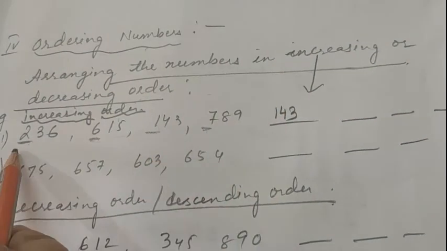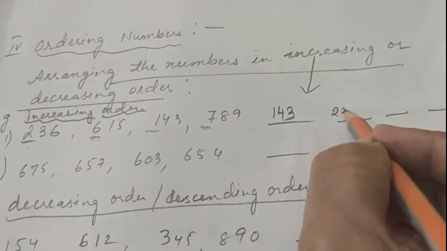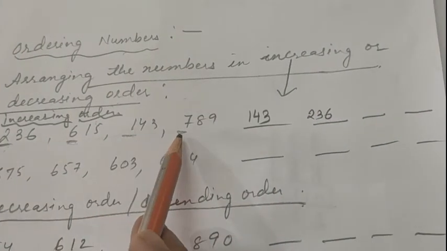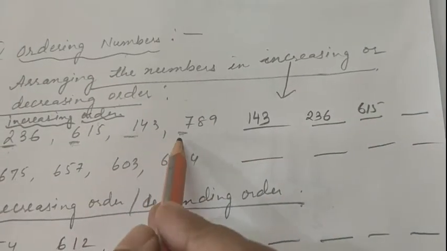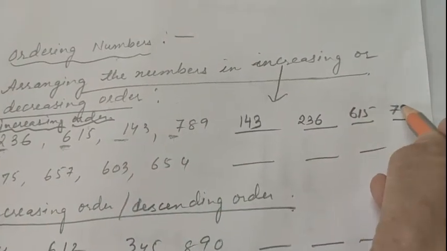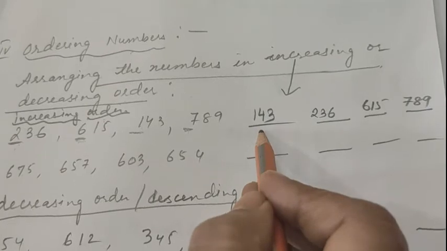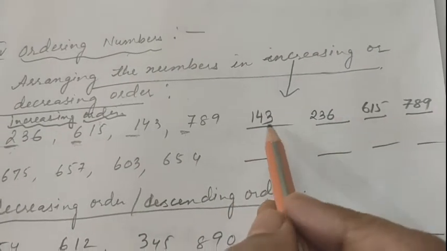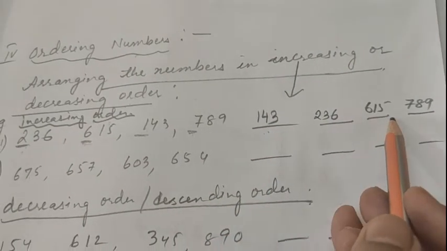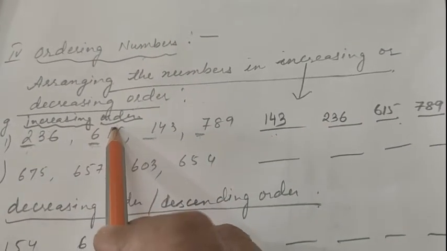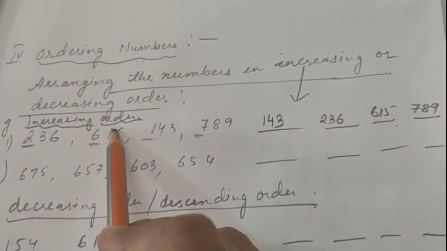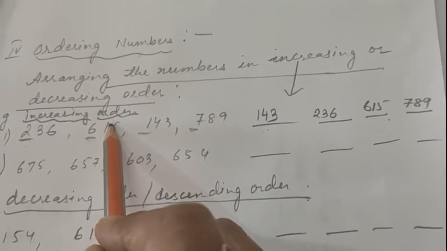Then which one? 200 will come, 236. Then what will come? 600 will come, 615. Next what will come? 7, 8, 9. So less to bigger we are going. Least number to greatest number. So that is called increasing order.